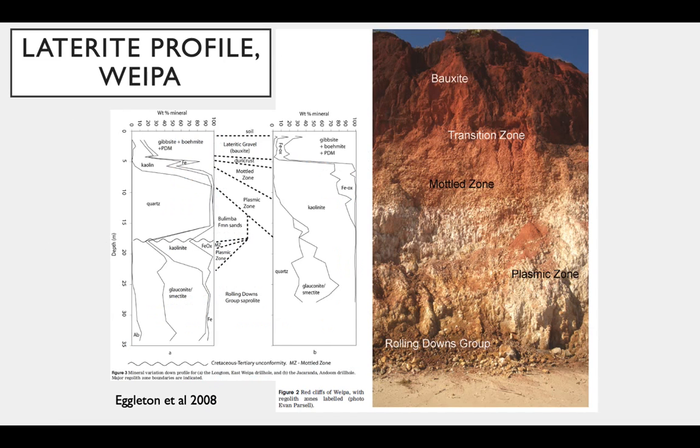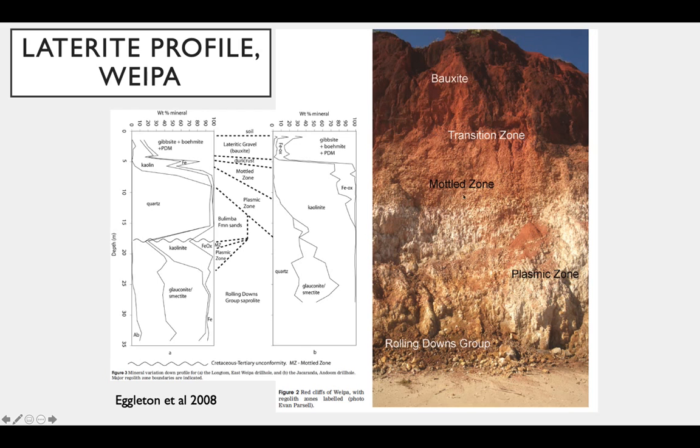Here's an example from Weipa, a prominent bauxite mine in northern Australia. So here is a photograph of a laterite profile. We have bauxite at the top, so this is high, probably predominantly gibbsite or boehmite, as we can see here. High concentrations because we've residually maintained aluminium and we've leached out most of the other elements, including iron.